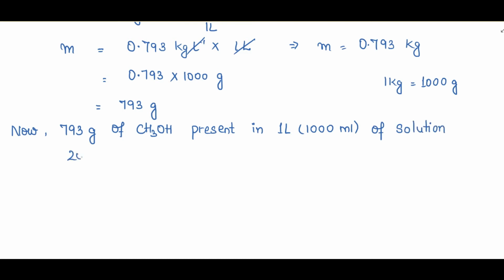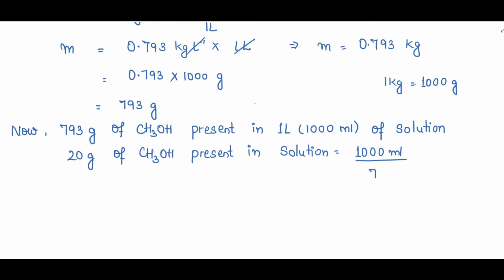Now 20 gram of methanol present in solution equal to, let's apply the unitary method. So I'll take this 1000 ml in numerator divided by 793 gram into 20 gram.